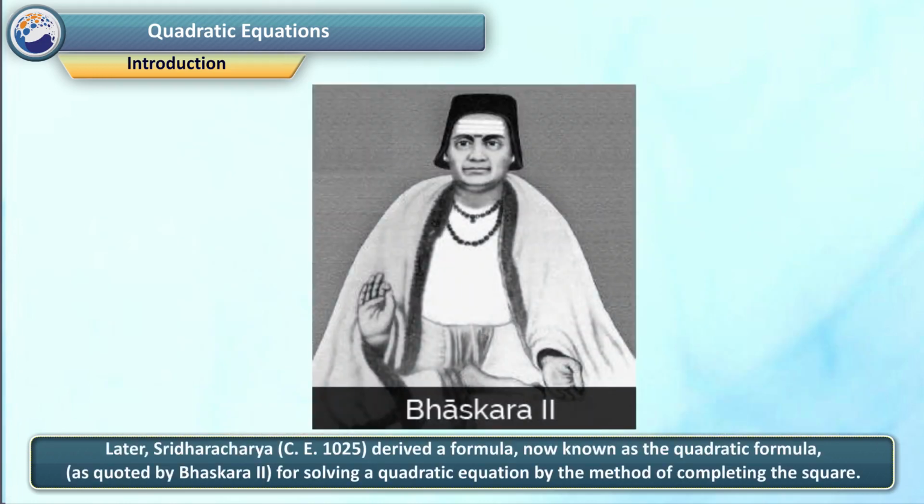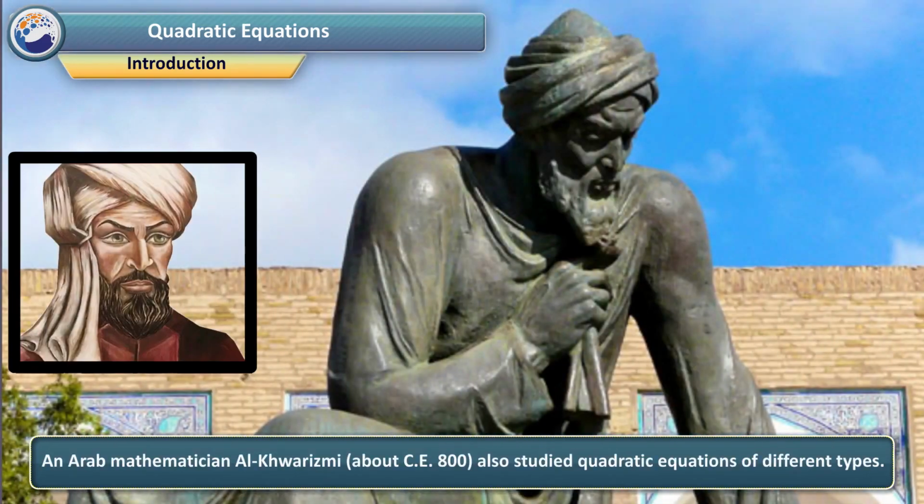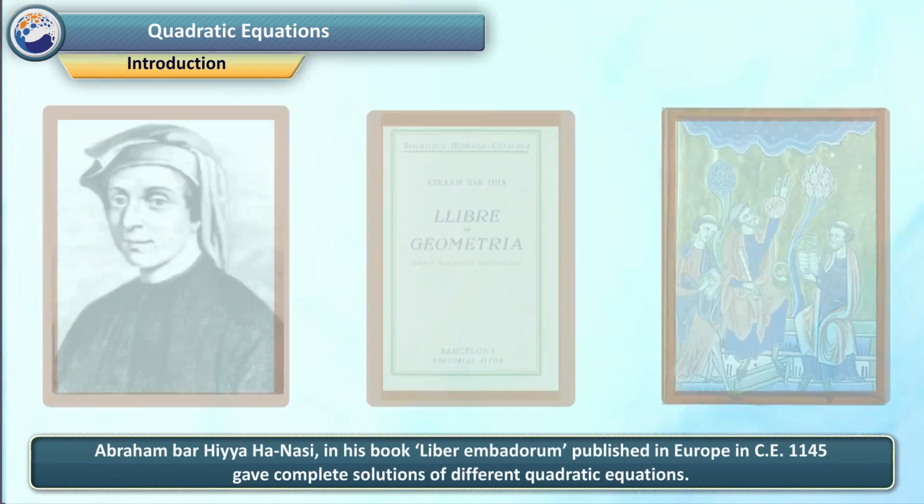Later, Sridharacharya, CE 1025, derived a formula now known as the quadratic formula, as quoted by Bhaskara too, for solving a quadratic equation by the method of completing the square. An Arab mathematician, Al-Khwarizmi, about CE 800, also studied quadratic equations of different types.